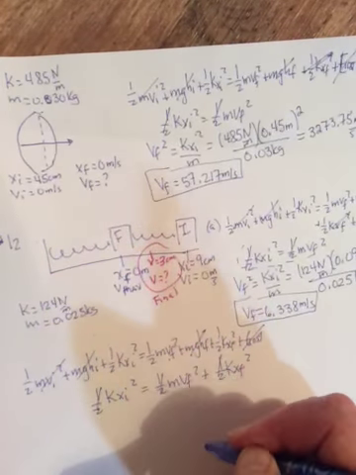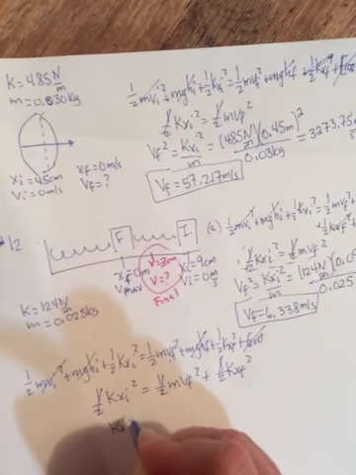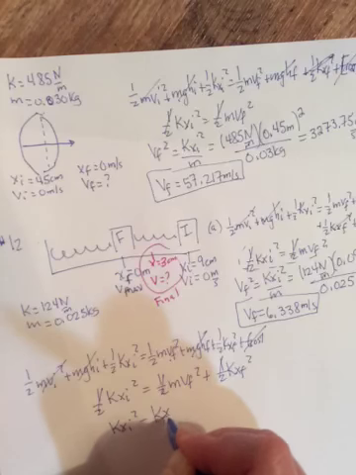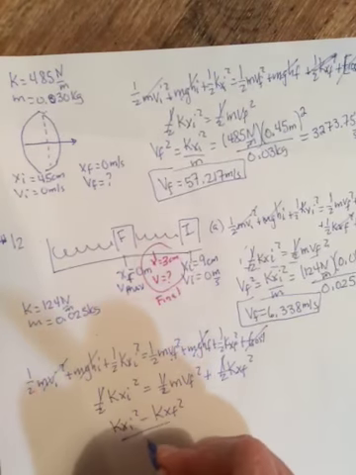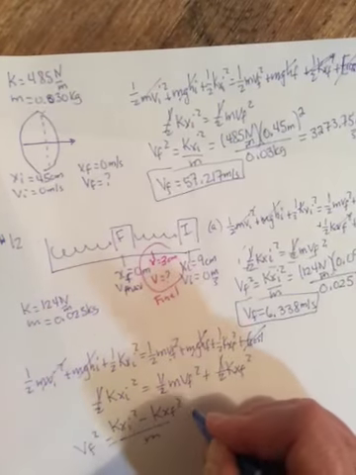The halves cancel, and we're looking for v final, so it'll be kx initial squared minus kx final squared divided by m. That'll be my v final squared. Put an equal sign in there.